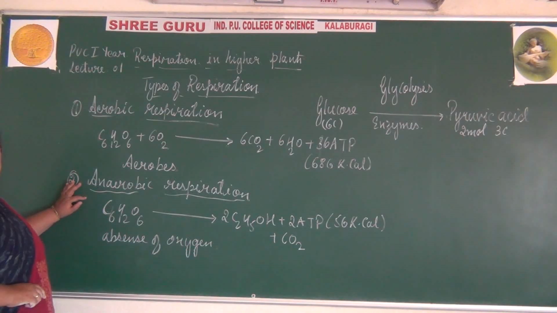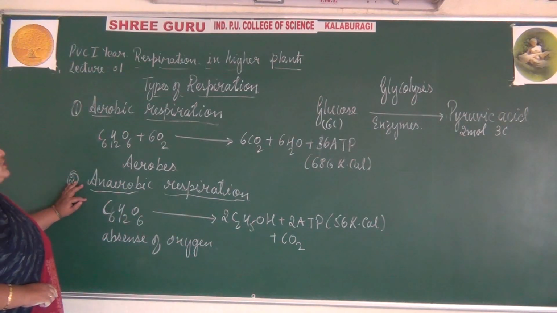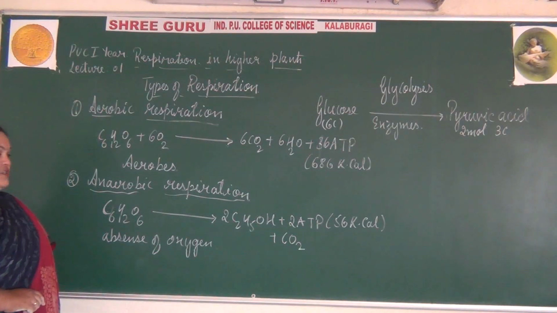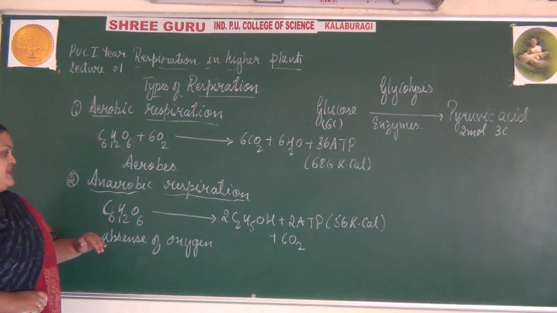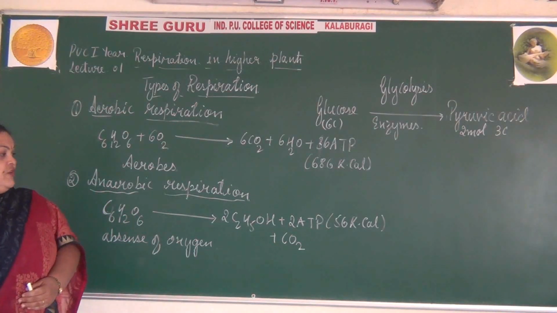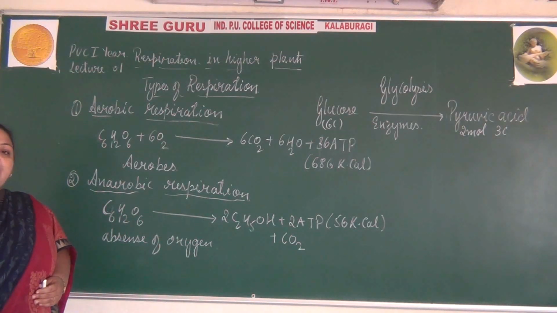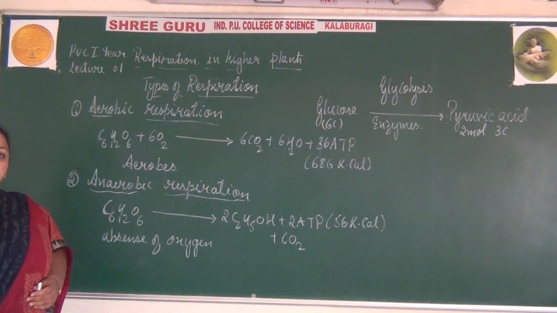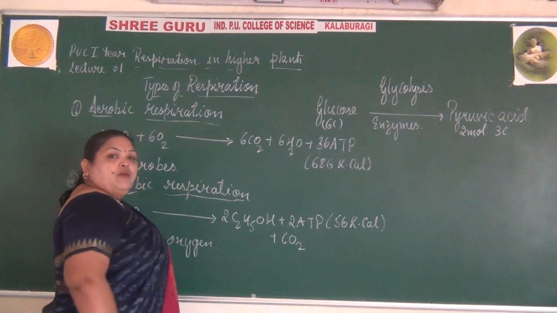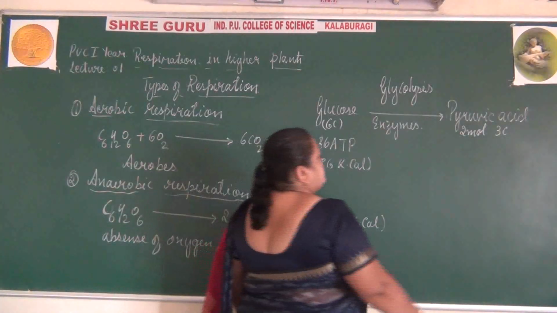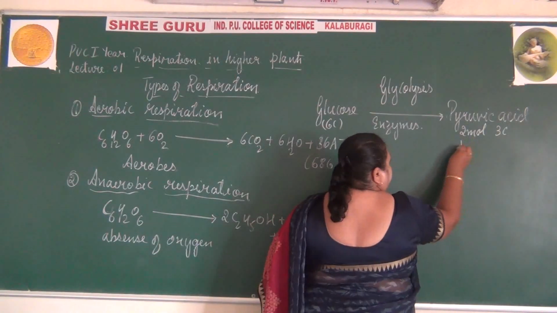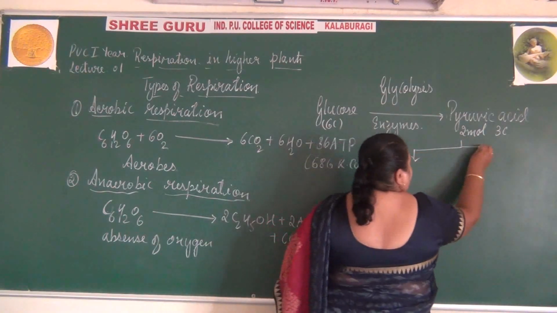First, we will deal with anaerobic respiration, then later on we will go with aerobic respiration. In this anaerobic respiration, the glucose is converted into pyruvic acid, and this pyruvic acid is subjected in 3 ways.